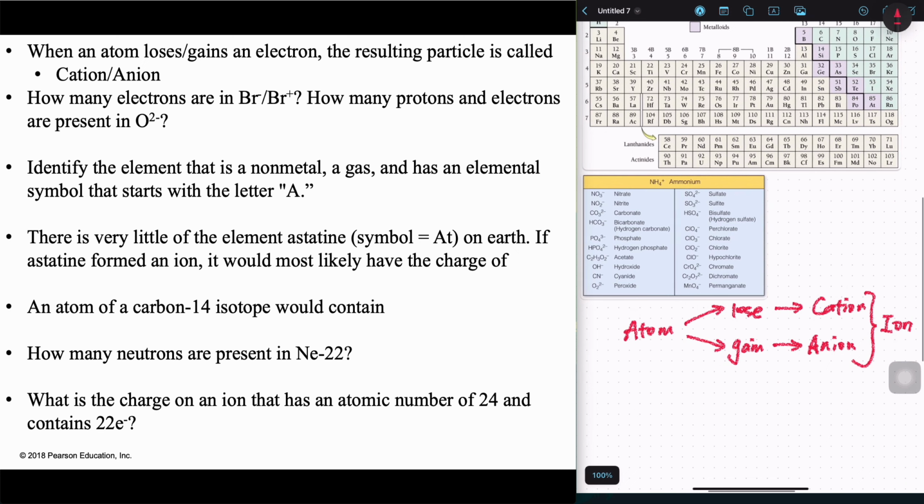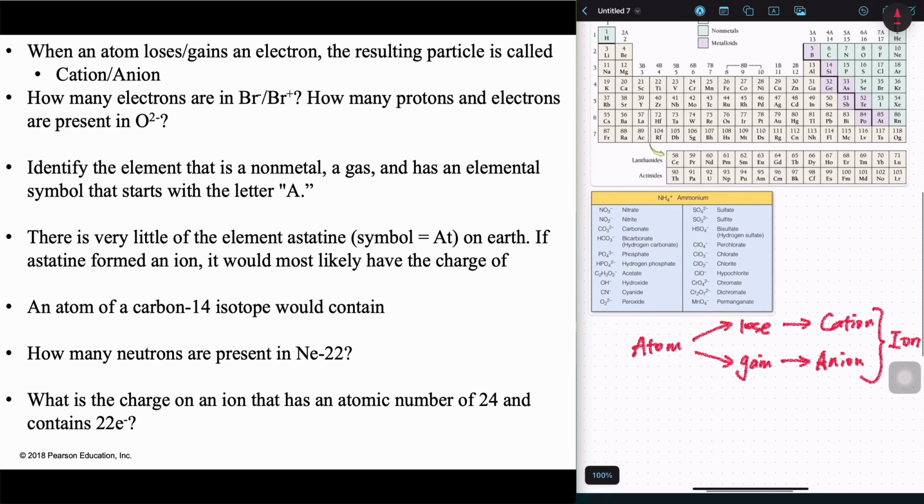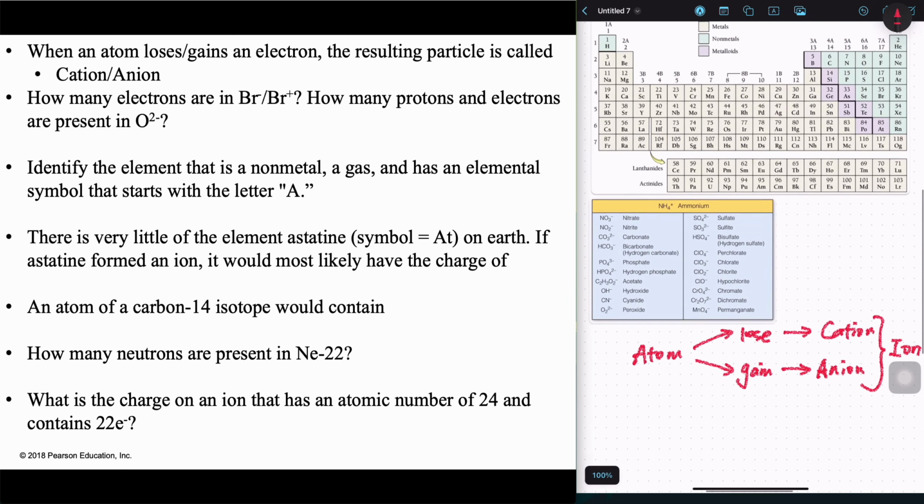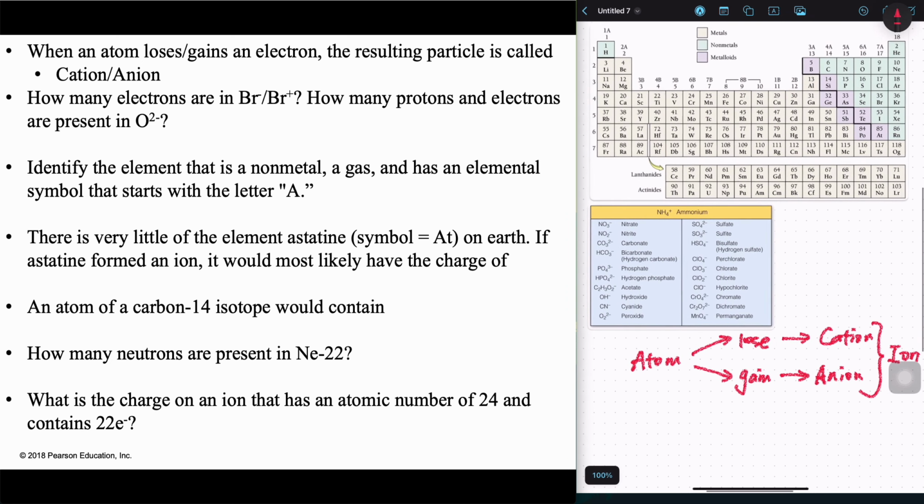Now let's see the second question. The second question is asking how many electrons are there in this bromine minus and in this bromine plus ion, and also how many protons and electrons are present in oxygen 2 minus. So how do we solve a question like this? Again, we will need some help from our best friend, which is the periodic table.